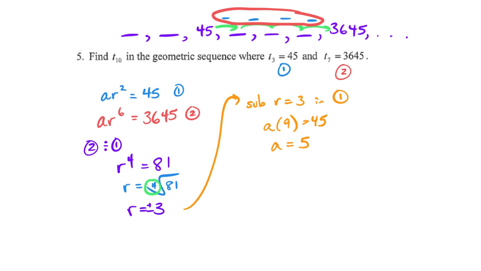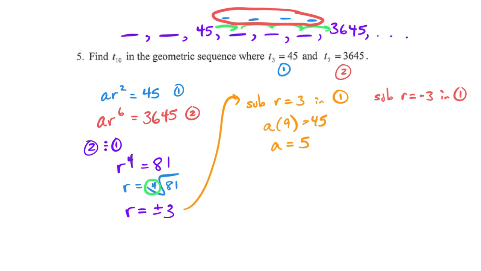Now, the nice part is, when you solve that purple equation, you should automatically get your 2 solutions, because as soon as we take an even root, we know we get a plus or minus. So what does that mean for us? Well, it means that we could get the orange, but it also means we could get the red. Maybe what I do is sub in an r value of -3 into equation 1.